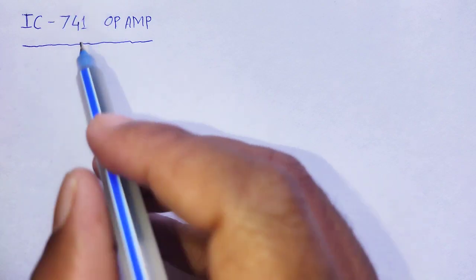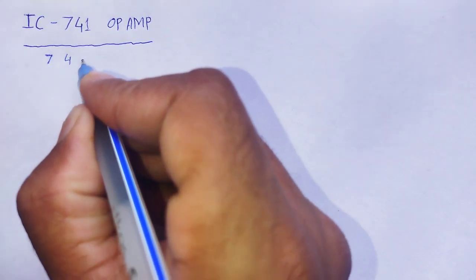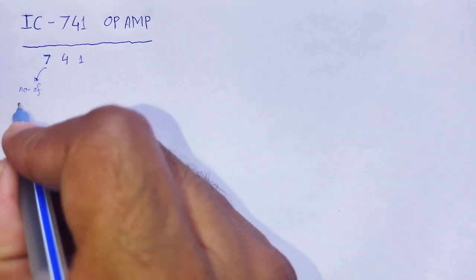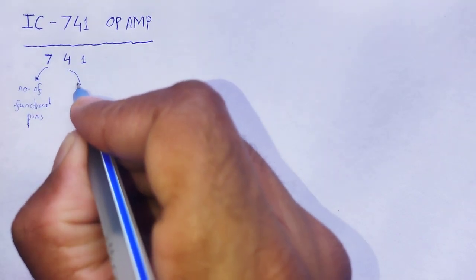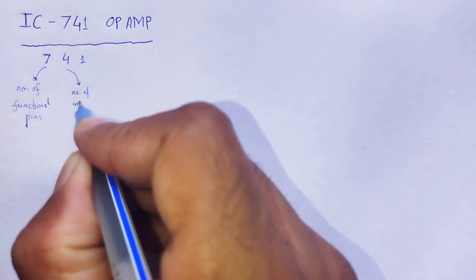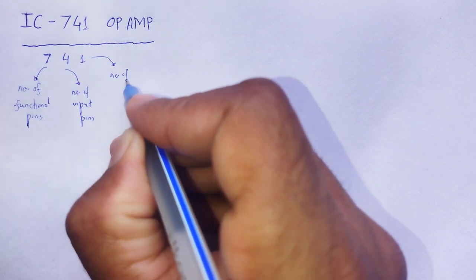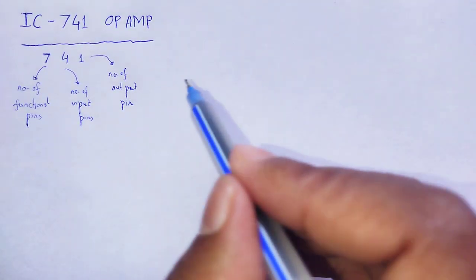It consists of 8 pins. The name 741 indicates that 7 stands for the number of functional pins, 4 stands for the number of input pins, and 1 stands for the number of output pin. Draw that figure.